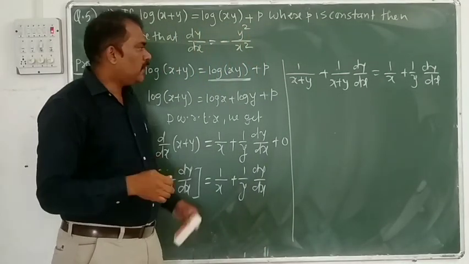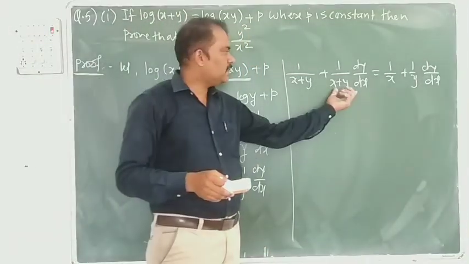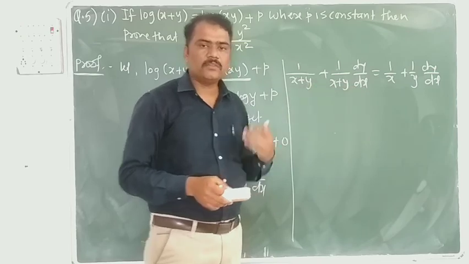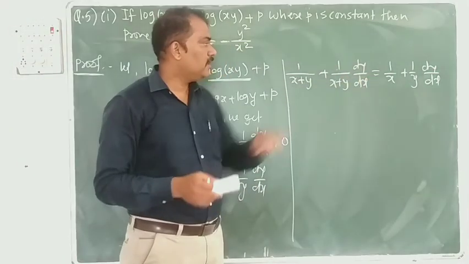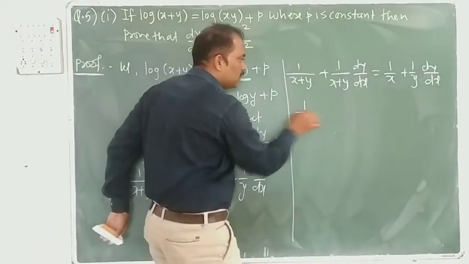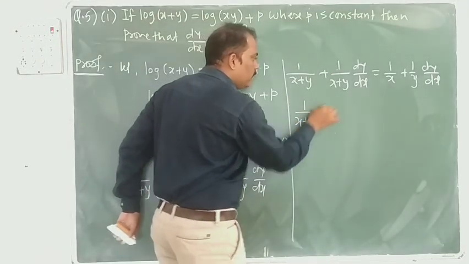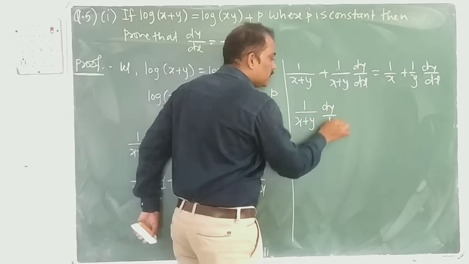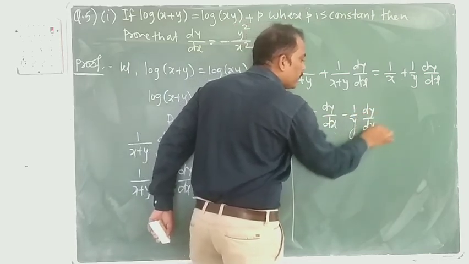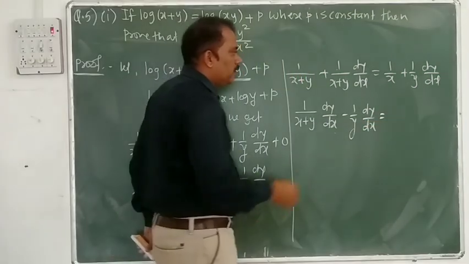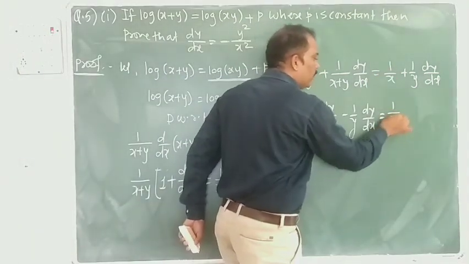Now we have to collect the terms on the LHS which contain the dy by dx, and transfer the terms which do not contain the dy by dx to the RHS, so that on the LHS 1 upon x plus y dy by dx minus 1 upon y dy by dx is equal to, on the RHS, only 1 upon x remaining.